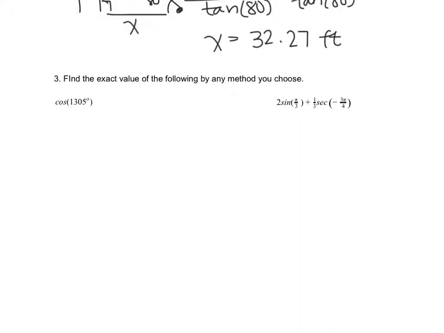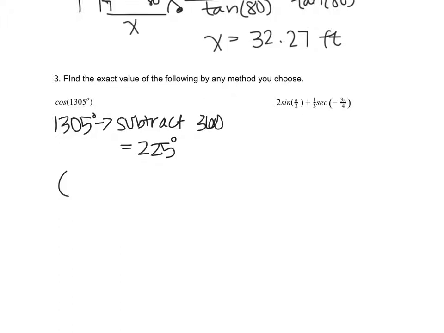So the way you do that, if we take 1,305 and we subtract 360 until you get an angle between 0 and 360 degrees, you end up that 1,305 degrees is equal to 225 degrees, which, if you have your unit circle handy, is that angle measure on our unit circle.